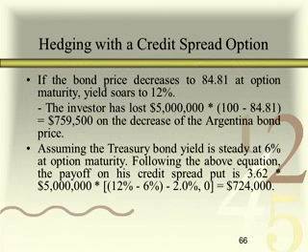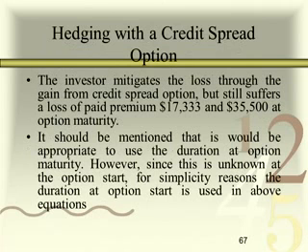So if we assume that the Treasury bond yield is steady at 6% at option maturity, the payoff in this credit spread put is $724,000. Quite a difference, isn't it? The investor mitigates the loss through the gain.